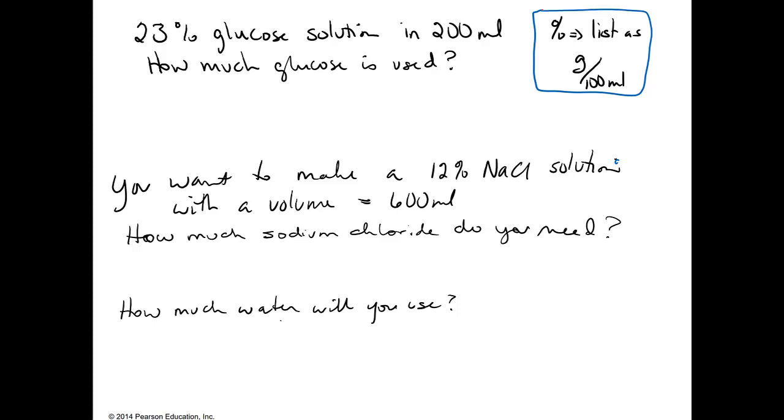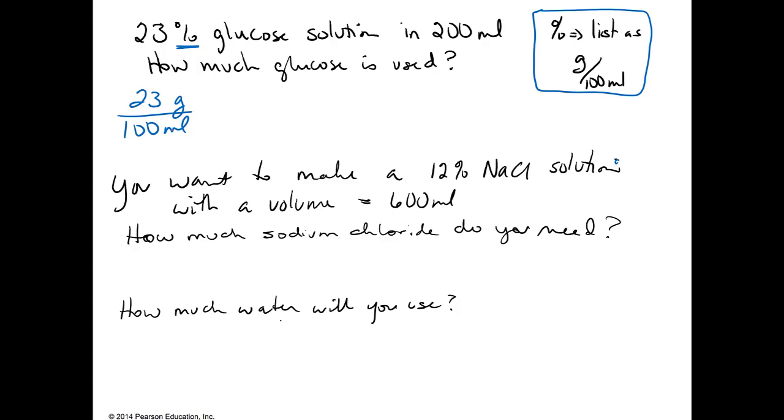So that sort of shorthand or the abbreviation, when you see this, just change it to its real form, like what it's actually telling you. So 23% means what? 23 grams per 100 ml. Just drop the percent part and add in what the meaning of percent is.